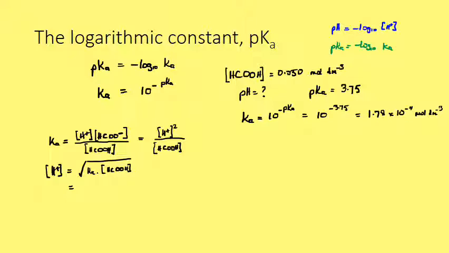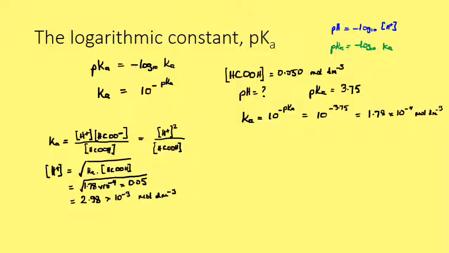I hope you can see what I've done. So we're just going to feed our values in here. Ka we've worked out at 1.78 times 10 to the minus 4, and the concentration of the acid is 0.05, and we're going to take the square root of that sum, and that's going to come out at 2.98 times 10 to the minus 3, and it's a concentration, so it's mole per decimeter cubed.